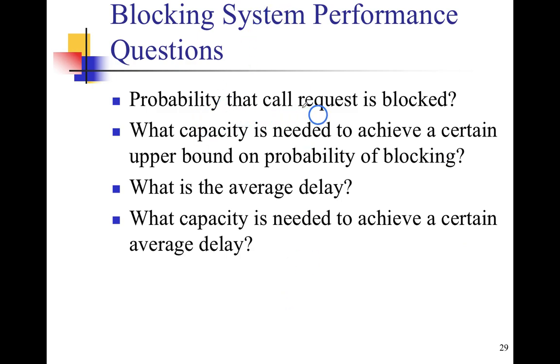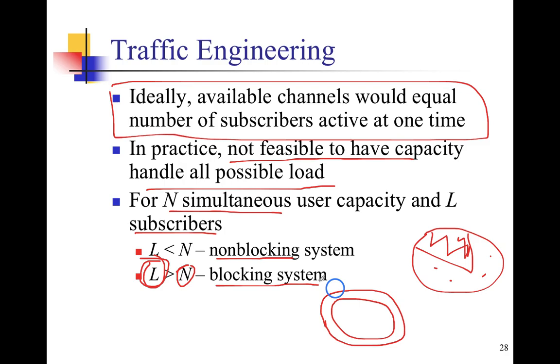What is the probability that a call request is blocked, what capacity is needed to achieve a certain upper bound on blocking probability, what is the average delay, and what capacity is needed to achieve a certain average delay. You need to ask these questions and many more. This is an example question, so that when you develop the system, it will really serve the blocking system. Otherwise, your system is not good.